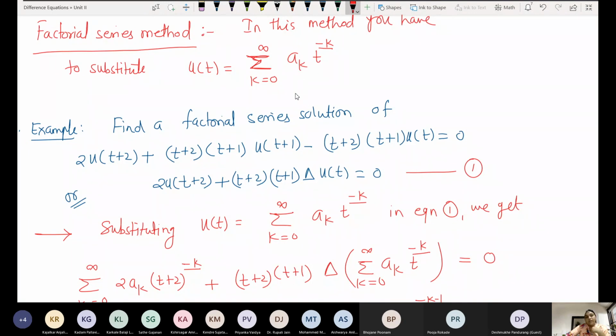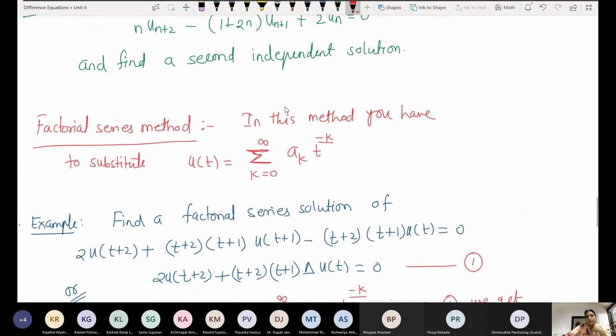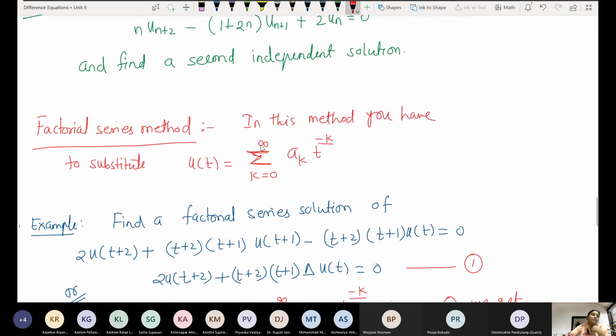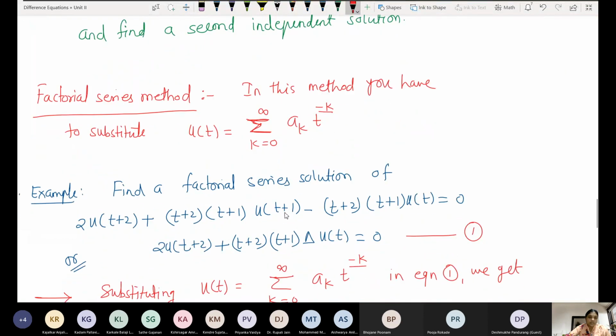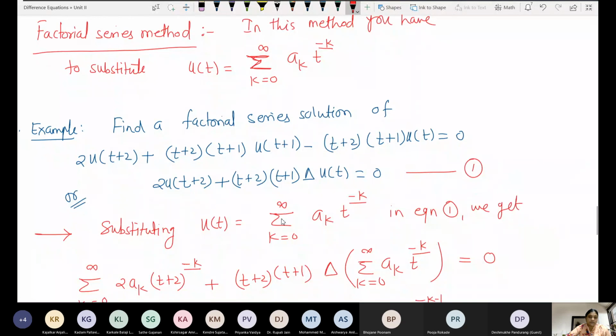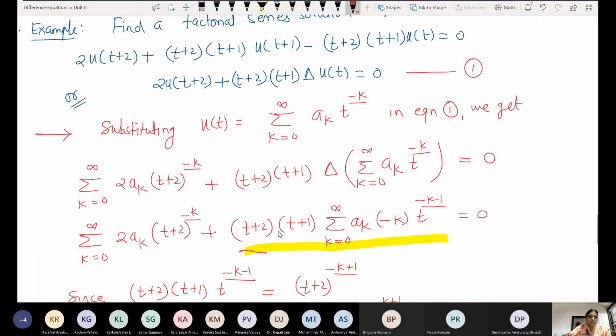So whenever it is told to find a factorial series solution, use this substitution. You have to remember this. And whenever it is told that using the generating function method find the solution, then you have to use g(x) equal to summation n is equal to 0 to infinity u_n x raised to n as substitution in the differential equation. Is that okay?